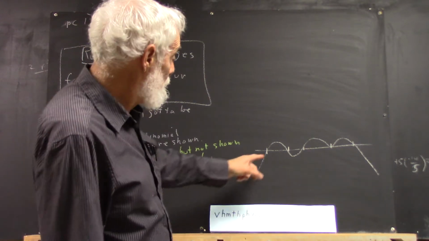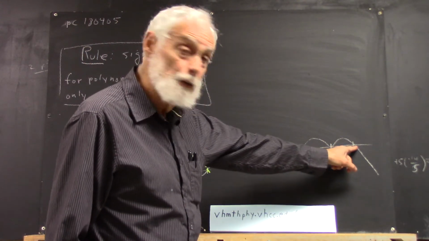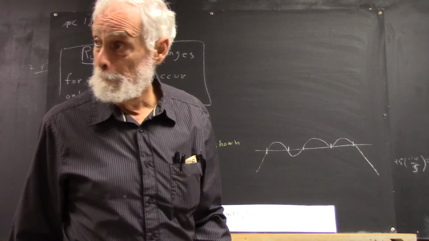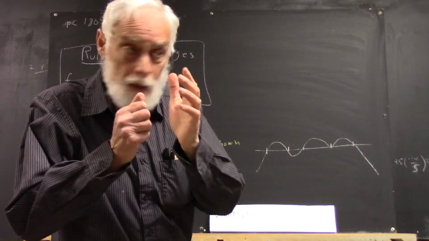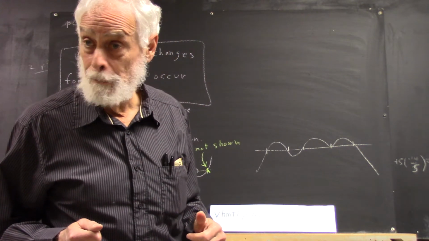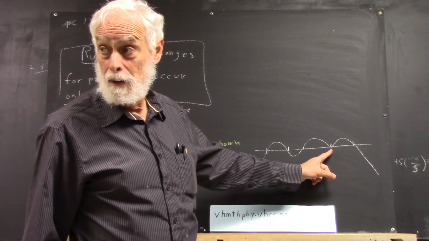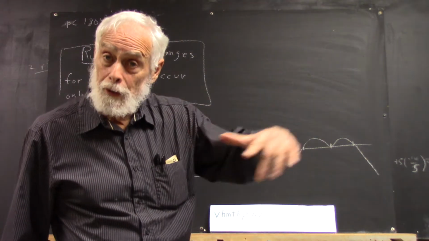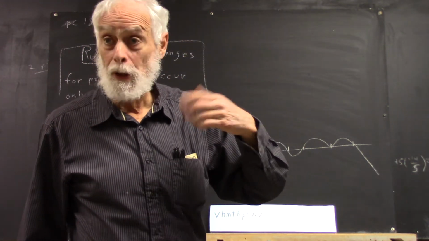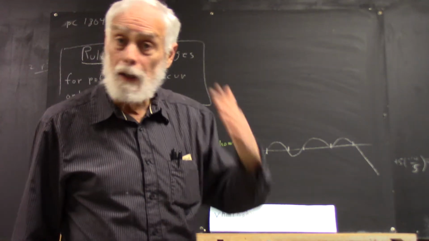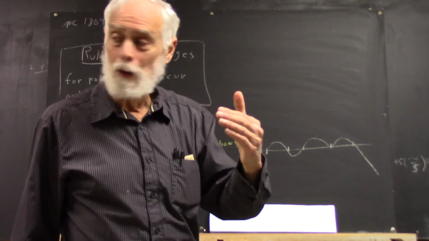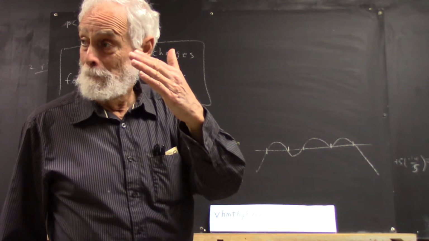So close to this 0, the graph looks like a straight line, if you look at it in a very small window. If you look at this one in a very small window, it looks like a parabola. And of course, a parabola can sit on the x-axis without going through. A straight line can't have a 0 without going through.